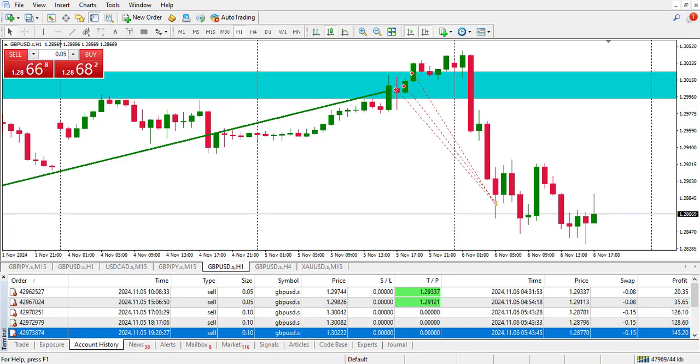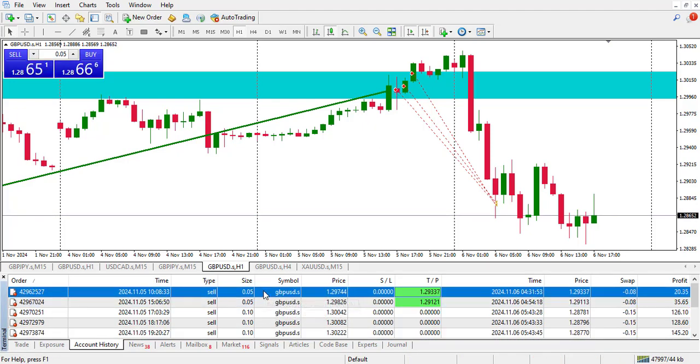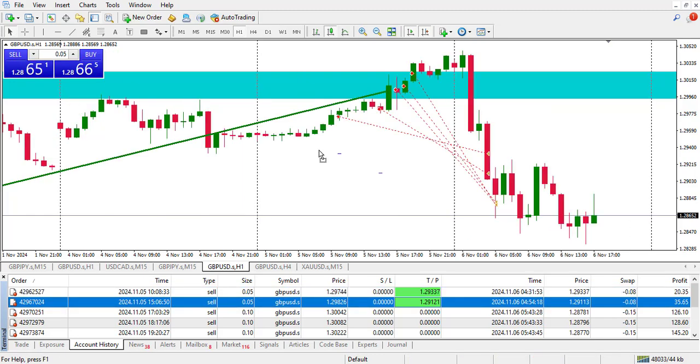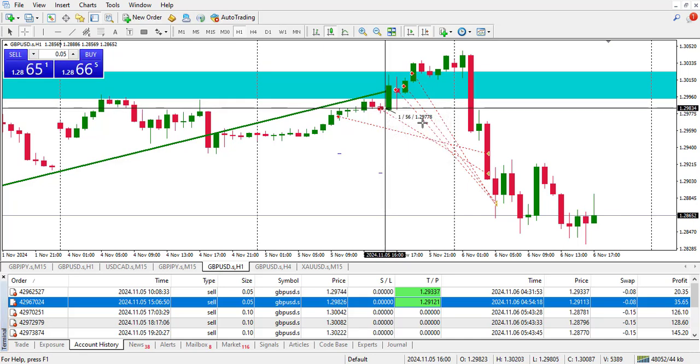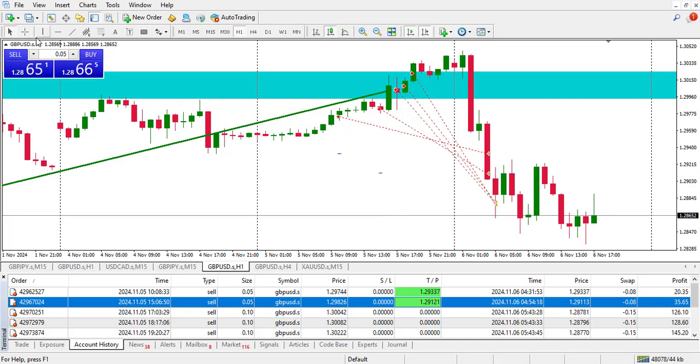Guys, let's see how much 400 pips gave us. Now this is just for the 0.1. If I add this other 0.05, man, it's over. Okay, let's add the 0.05 and see what happens. If you add the 0.05, you will notice over 400 and something pips made, guys. This is about 71 pips, right?